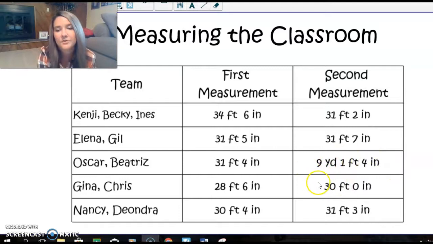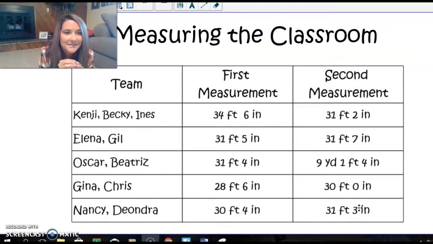Okay, so remember 3 feet is in 1 yard, so 3 times 9 is 9 plus 9 is 18, 9 more is 27, plus 1 foot would be 28 feet and 4 inches. So their second measurements didn't have as big of a range.